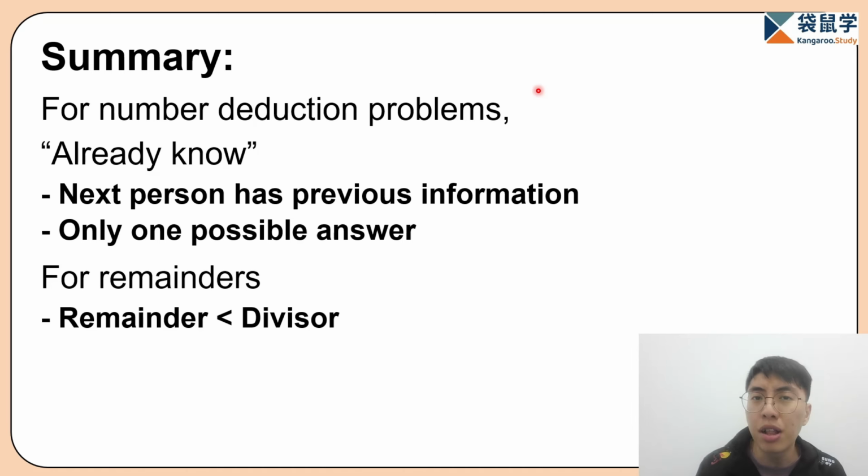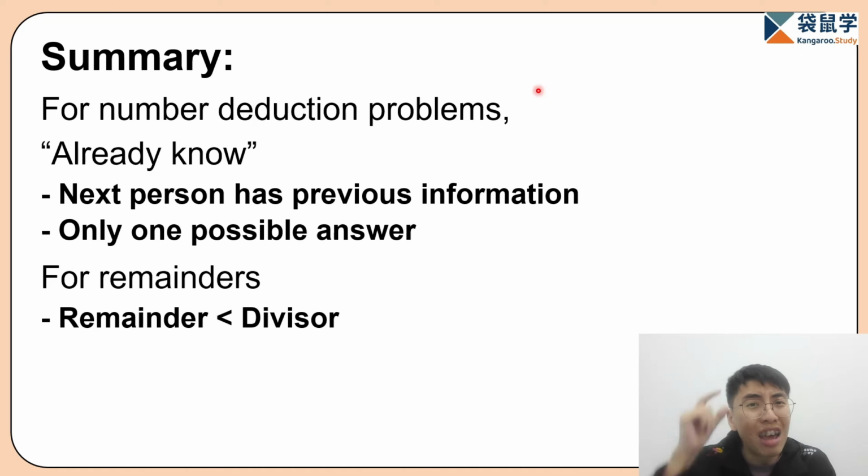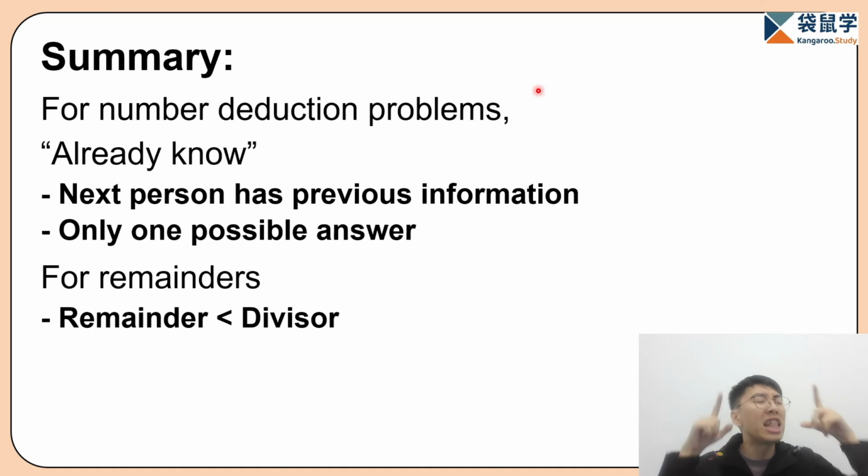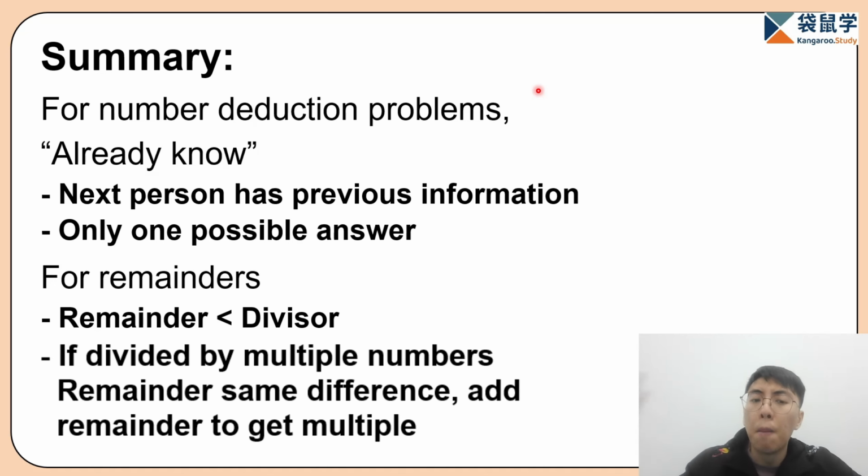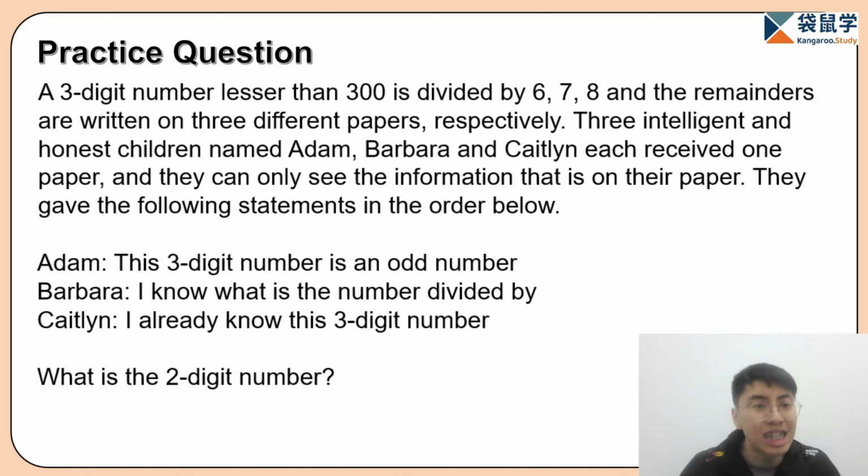If I have multiple numbers that divide and get different remainders, and they all have the same difference, what I can do is just add that same number and they will all become a multiple of the numbers. So with that being said, that is all that we have for our summary. Now, we can take a look at another question that is similar for all of you to attempt.